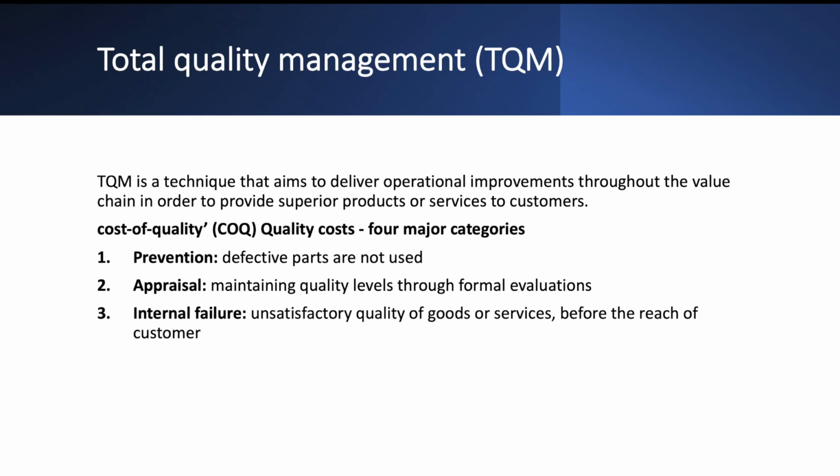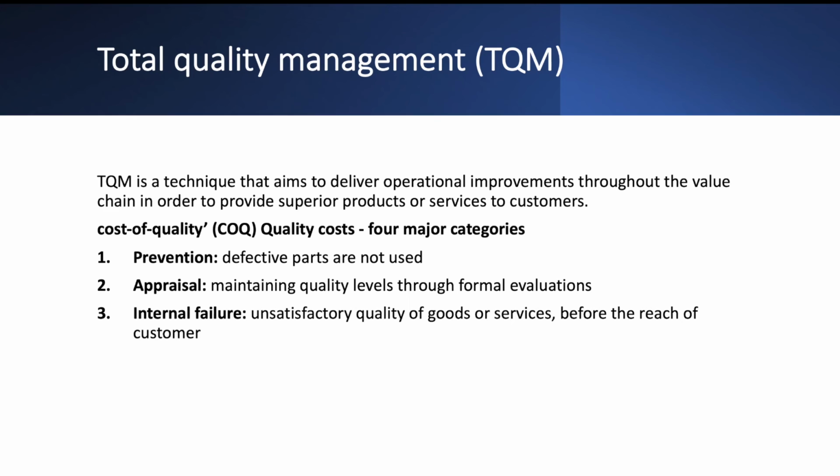Then internal failure: unsatisfactory quality of goods or services before they reach customers. Internal failure is actually just because of an internal machinery problem, or the QC department has not been so vigilant to understand what the problem was, or it might just be ignored.